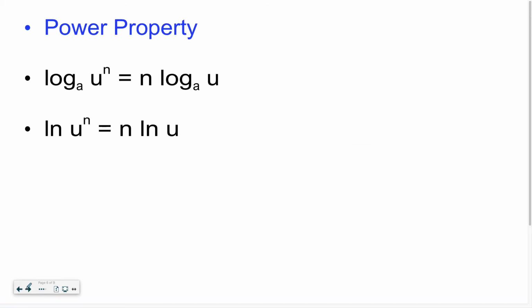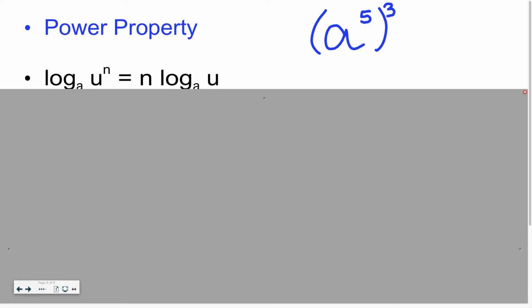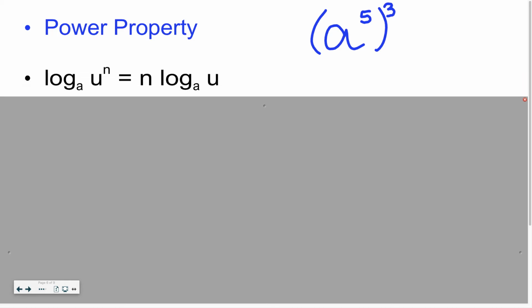Okay, and our last one is the power property. What do we do when we have an exponent and then that expression is raised to a power? We multiply them, okay? So if we have some sort of exponent inside of our logarithm, then that exponent actually is going to be multiplied out in front of our logarithm.